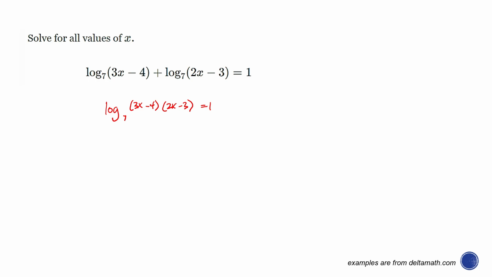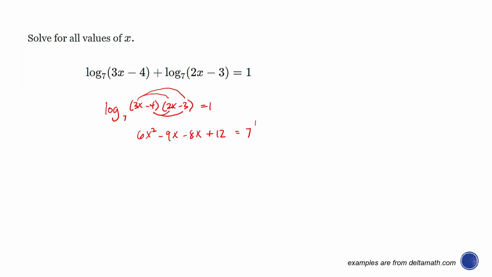So those are the things we need to understand. This time we will multiply 3x minus 4 and 2x minus 3 using the FOIL method. 3x times 2x is 6x squared. 3x times negative 3 is negative 9x. Negative 4 times 2x is negative 8x. And the last terms will give you positive 12. And then equals 7 raised to 1.